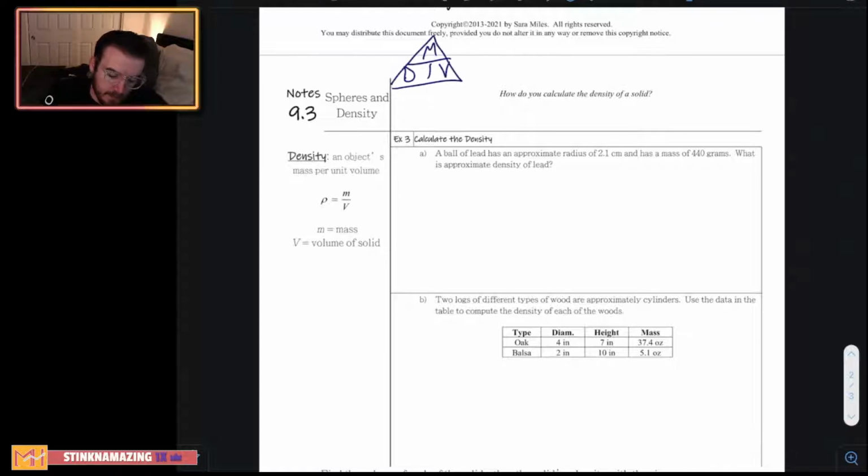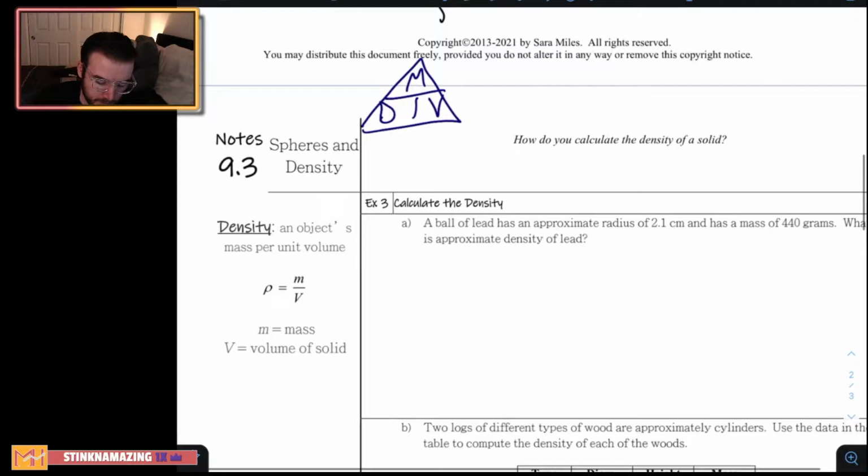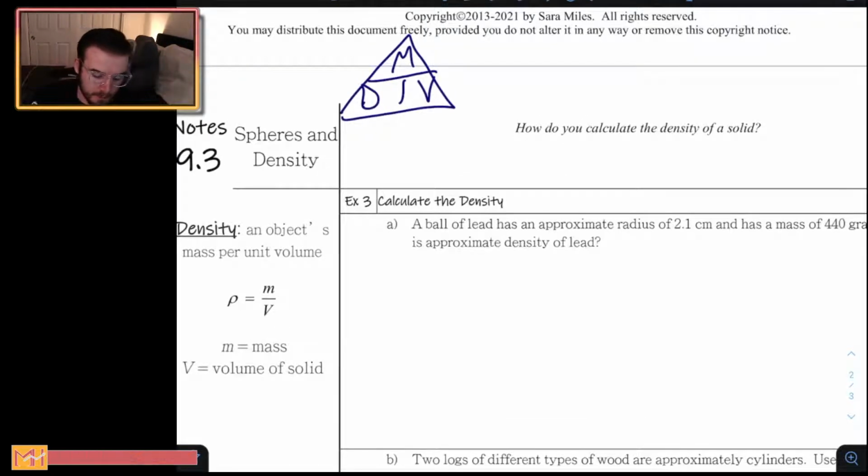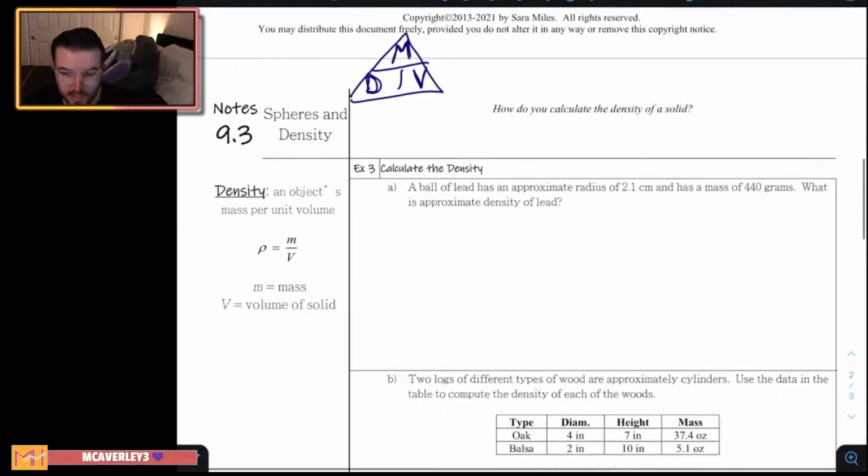I made a triangle. This was population density: the amount of people, and the size of the state. Do you remember that? DMV.